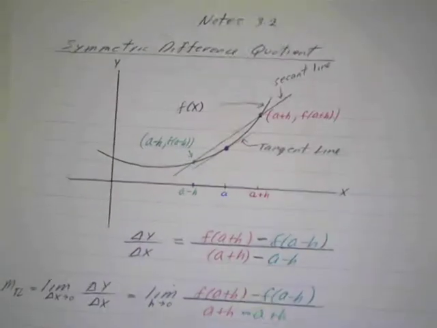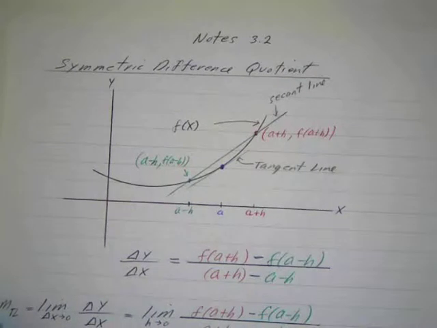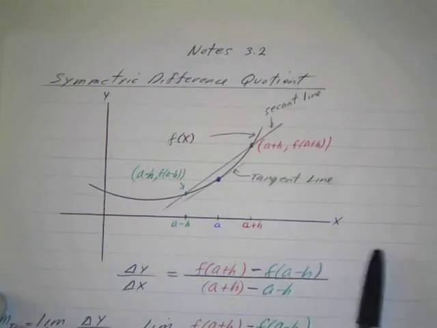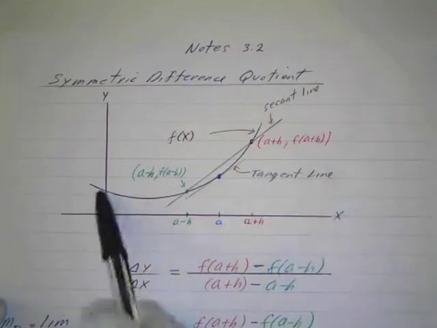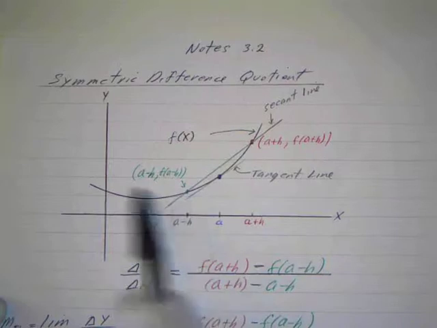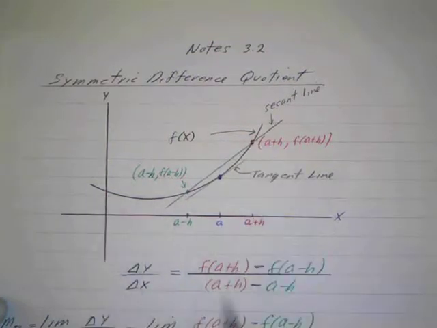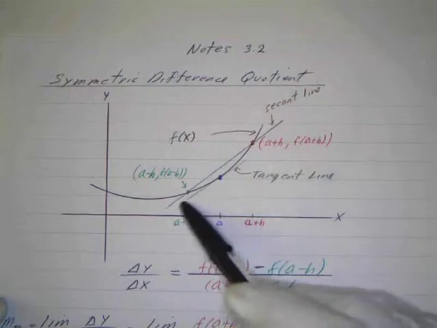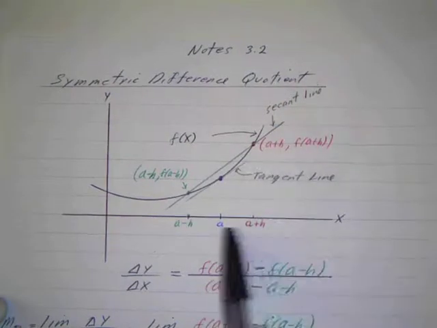Now we're going to talk about the symmetric difference quotient. I drew a sketch over here and elaborated a little bit more. This is kind of like the sketch in the book. In other words, this is our function f of x, this curve here. And then this is the secant line, and this is the tangent line using these points.